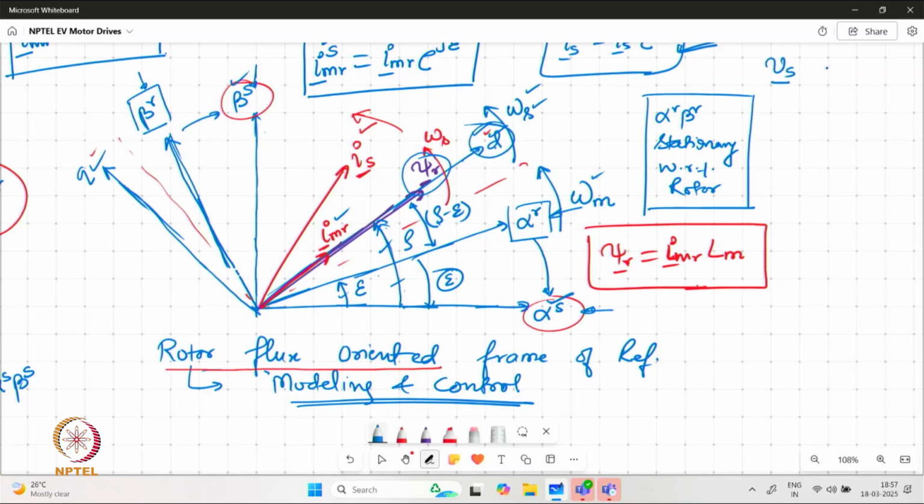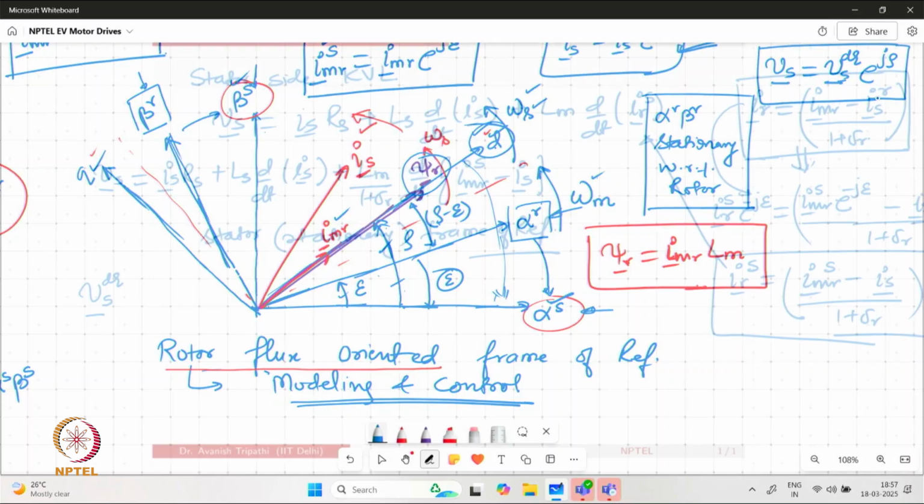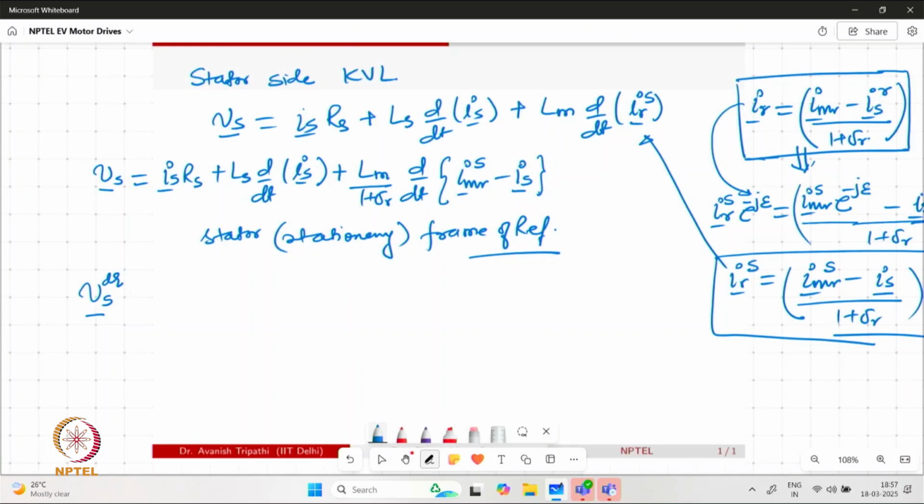So we are trying to replace Vs with Vs represented in the DQ frame of reference, which means we are jumping in the clockwise direction. So it can be written like this. And similarly, all other quantities can also be represented in this manner. So we have the unit vector e raised to the power j rho appearing in the equations.